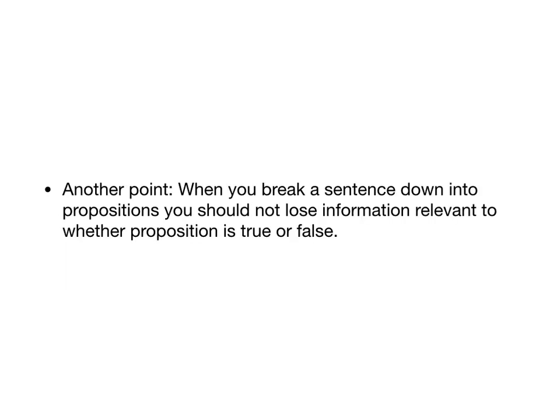Another point here. When you break a sentence down into propositions, each proposition should have its own meaning, and you shouldn't lose any meaning when you break it down. Sometimes sentences that look like they use an ampersand, that have an and in them, might actually be one proposition, because you can't do that. Take 'Bob got drunk at work and was fired.'